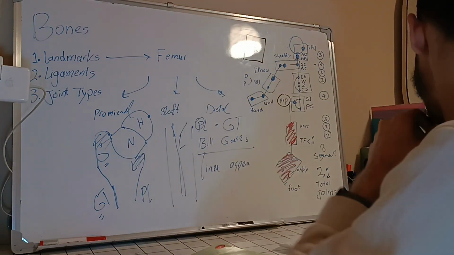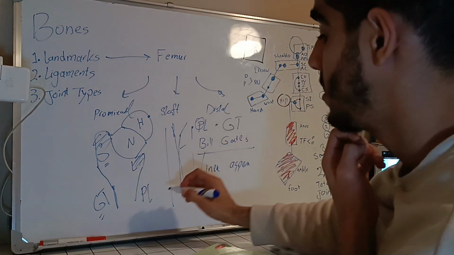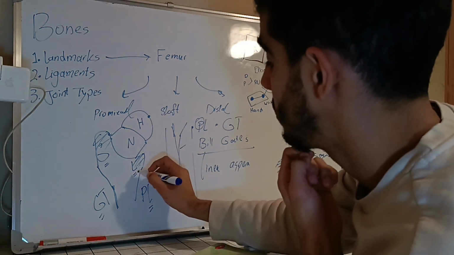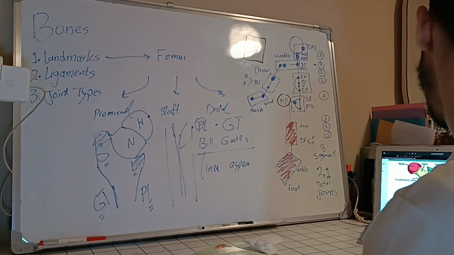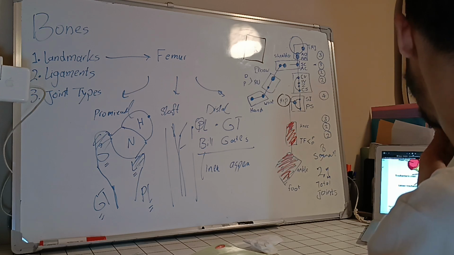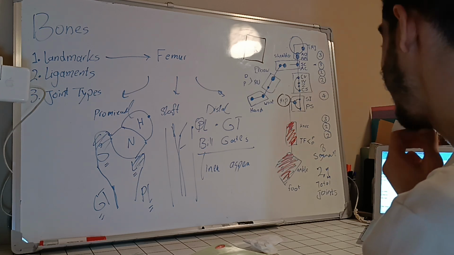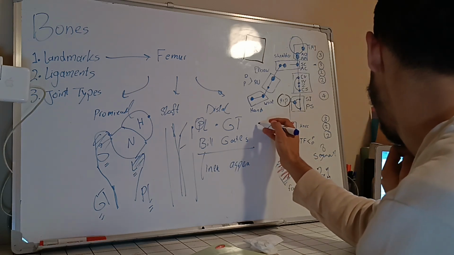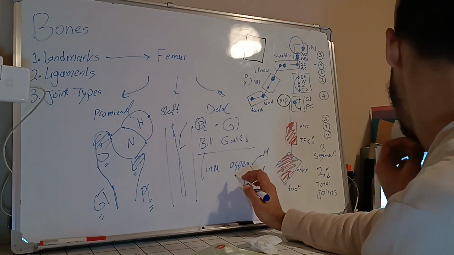Okay, that's very nice. And the linea aspera, we talked that the linea aspera has two things: the medial and lateral lip.